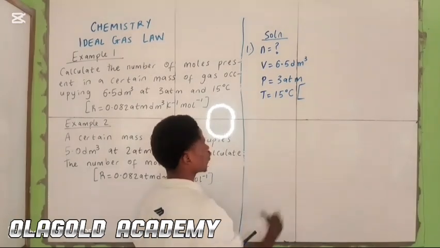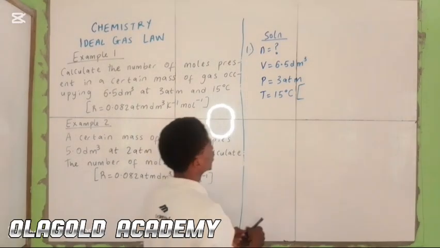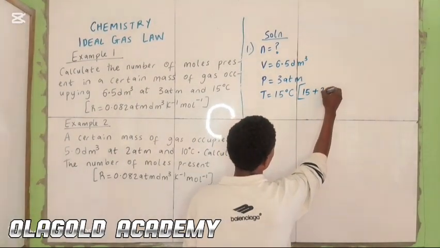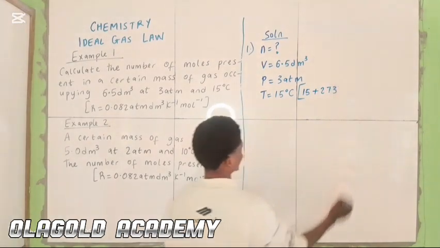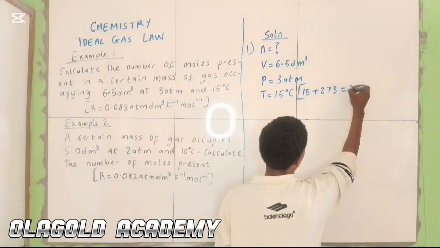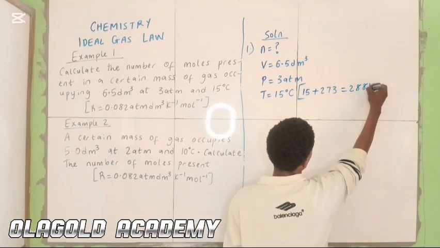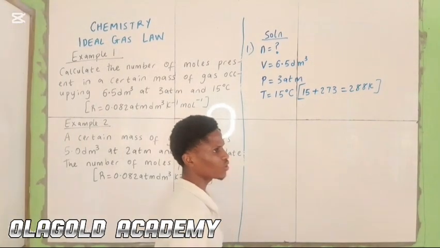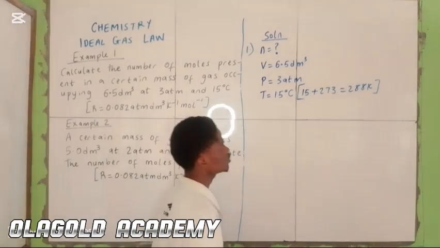Remember, we need to convert this Celsius to Kelvin. So we have 15 plus 273. We are going to get 288 Kelvin.